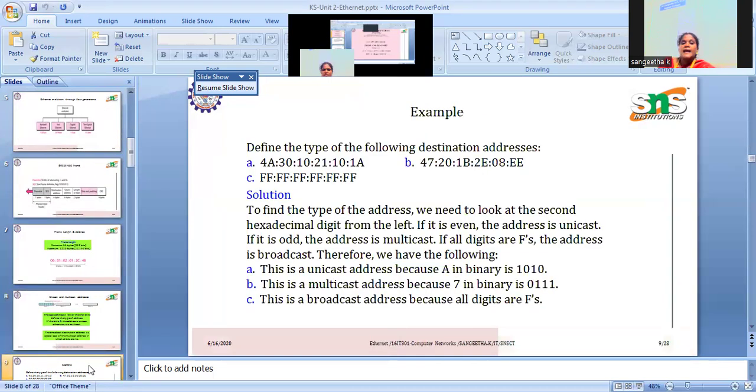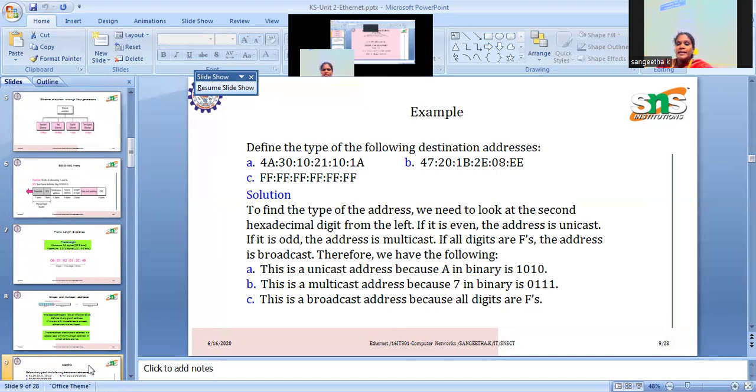In this example, different types of destination addresses are given. The first byte is 4A. The equivalent bits of A are 1010, so the least significant bit is 0, and we can say it is a unicast address.